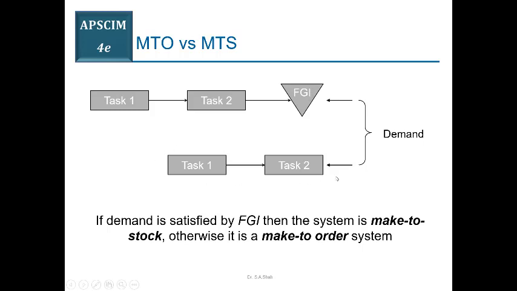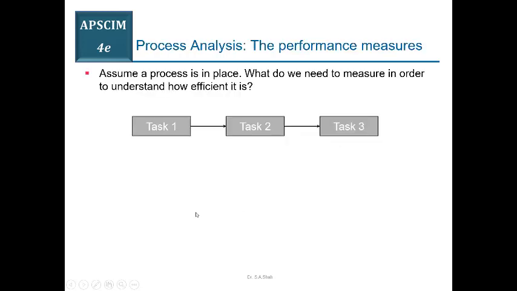And this symbol represents the make to order philosophy. You will have to perform the tasks whenever an order is received by the company. So these are the two international standards normally used by the factories to call themselves make to stock setups or make to order setups.